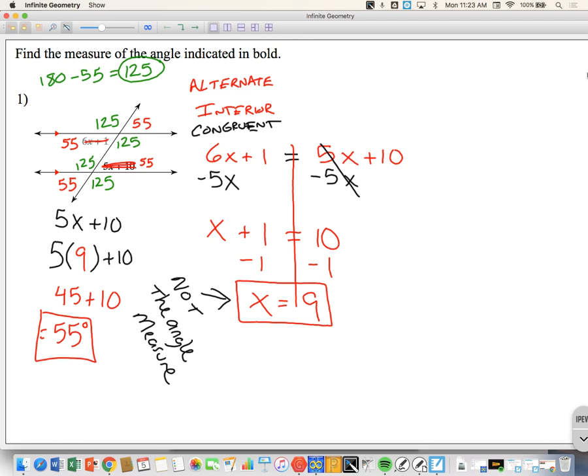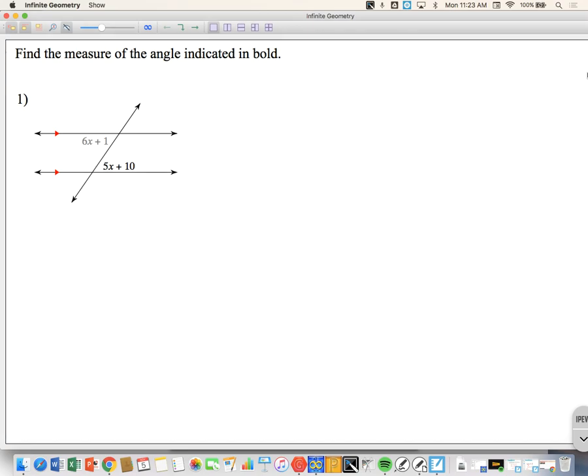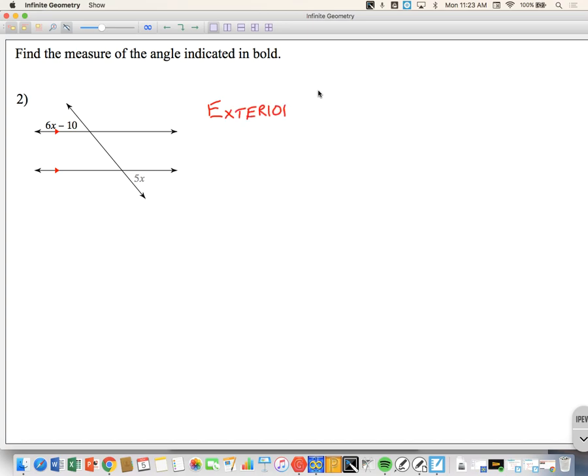Let's go ahead and look at another diagram. Here we have two angles, and let's identify their relationship. First off, they are outside the parallel lines, which means they are exterior angles.